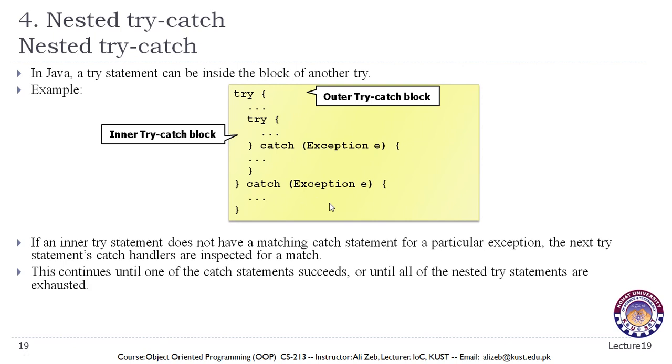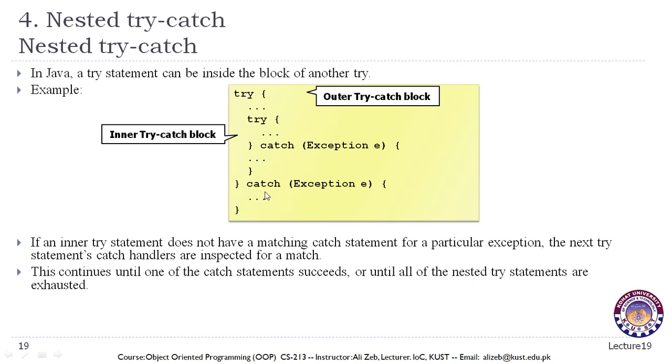This continues until one of the catch statements succeeds or until all of the nested try statements are exhausted. So we will keep checking. For example, if there are multiple inner try catch blocks and the exception is not handled by the inner block, then we'll keep looking for the catch blocks outside of this inner block.